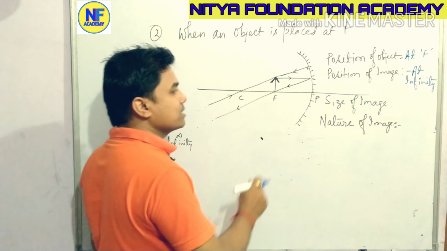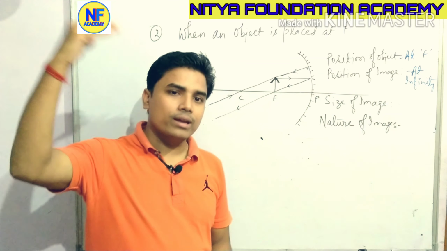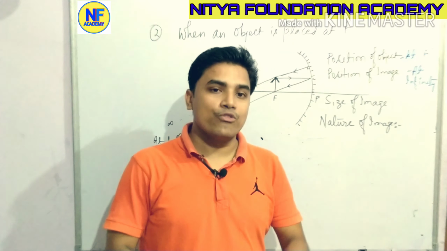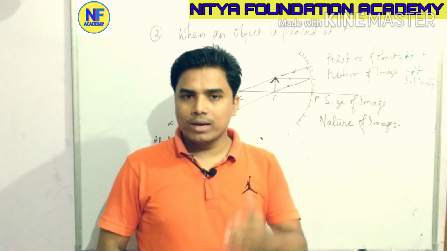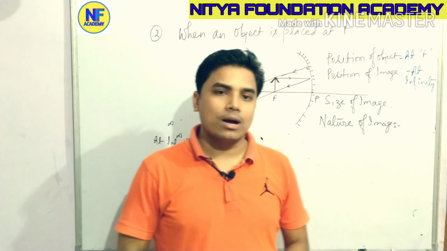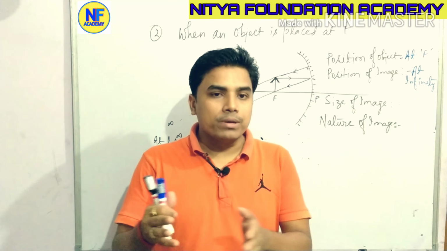Now we will move to the size of image. As you can see, an object which is placed very far from us, that is at infinity, looks very small, but it is actually very much bigger in size. You can understand that the sun, moon, and all celestial bodies which are present very far from us are actually bigger in size.